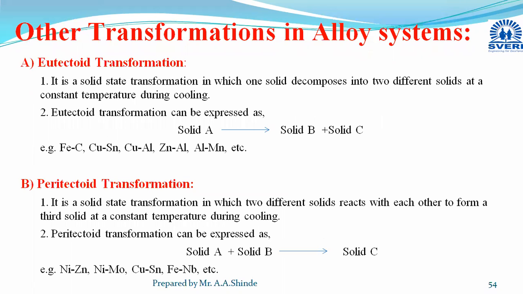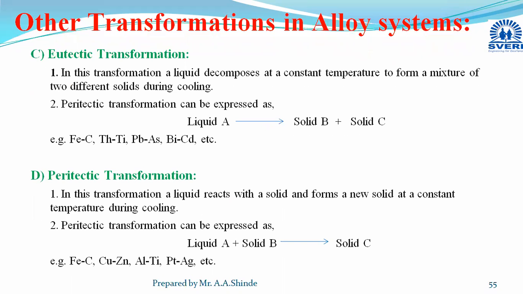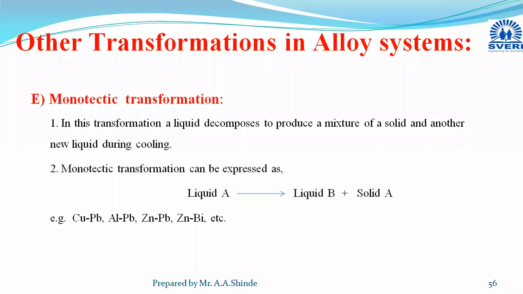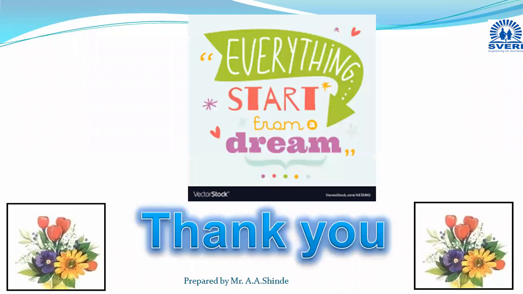So I have explained 5 transformations here: eutectoid transformation, peritectoid transformation, eutectic transformation, peritectic transformation, and monotectic transformation. Now the first chapter is completed. I have already shared the first test with you. Please attempt that test.